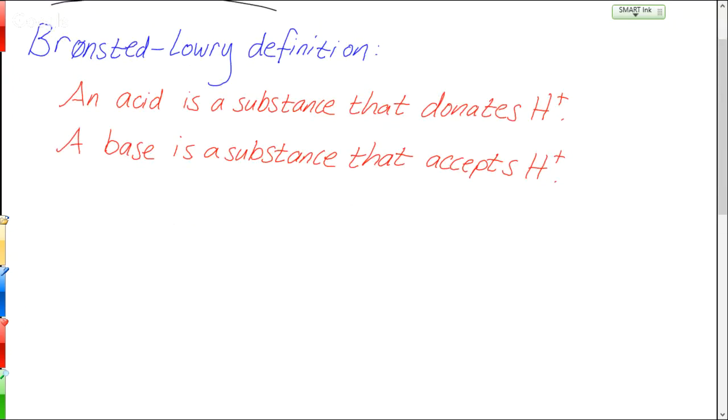Let's look at a reaction between two molecules. If you dissolve HCl in H2O, so HCl is actually a gas on its own when it's by itself. If you dissolve that in water, what you get is chloride ions, and you get this thing, which we'll talk about more later, called hydronium.